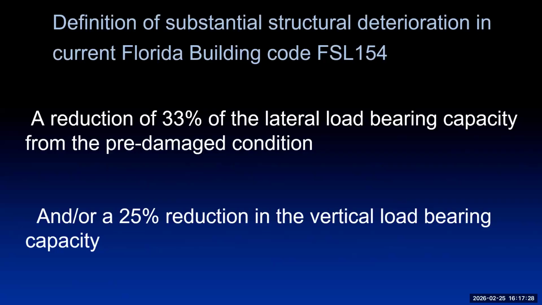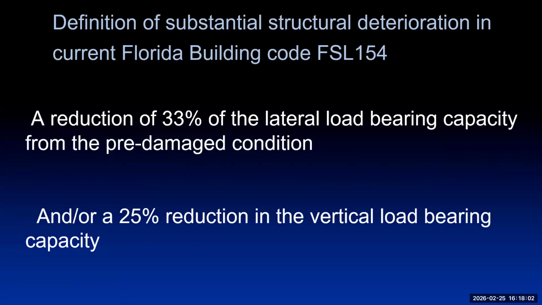One of the things in Building Code FSL 154 in Florida is that there are 2 signs of a structural deterioration occurring. First is a reduction of 33% of the lateral load-bearing capacity from the pre-damaged condition. In other words, what the design said it should be, if it decreases by 33%, you have a problem and it doesn't comply with the code.